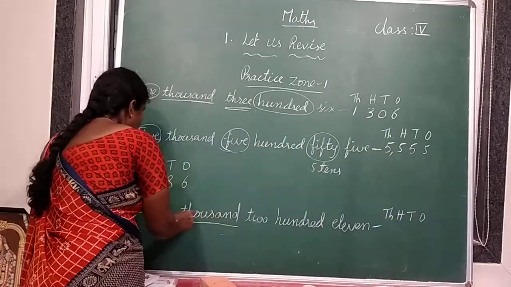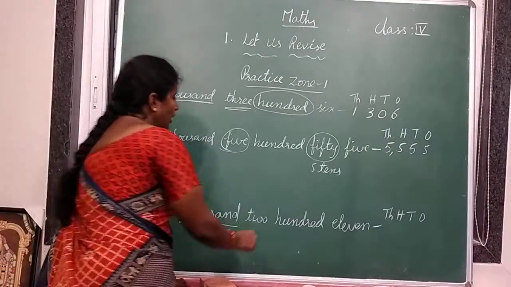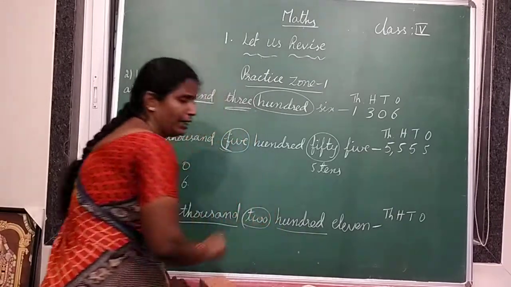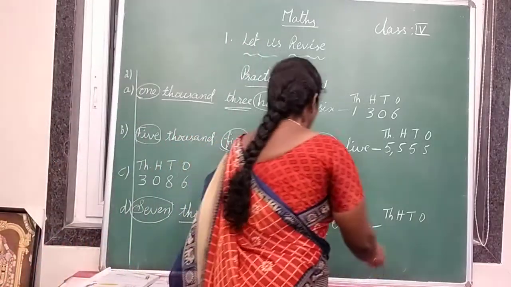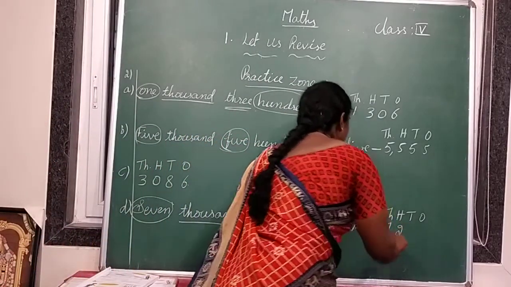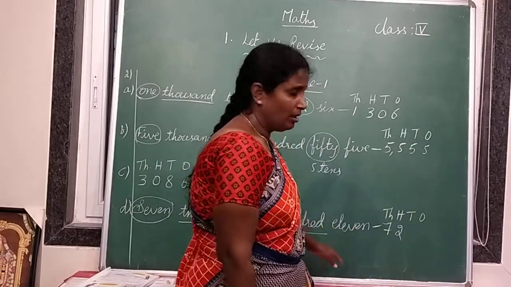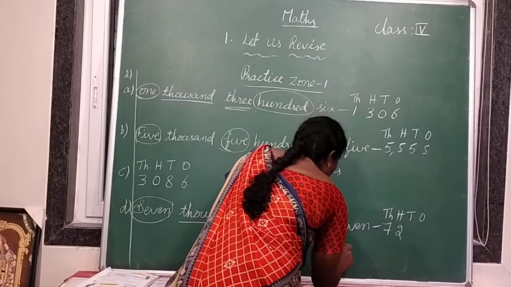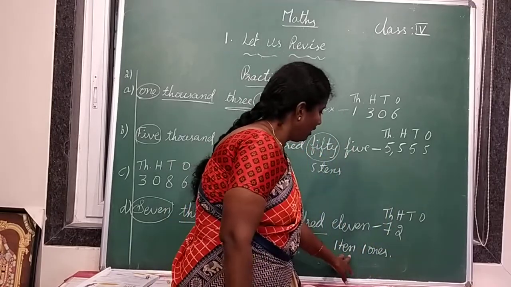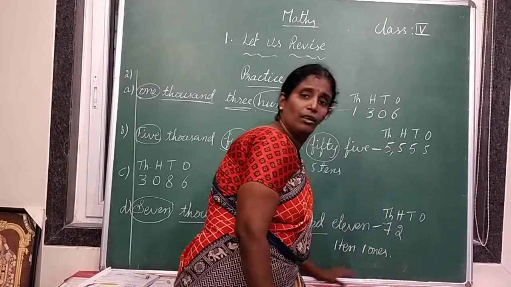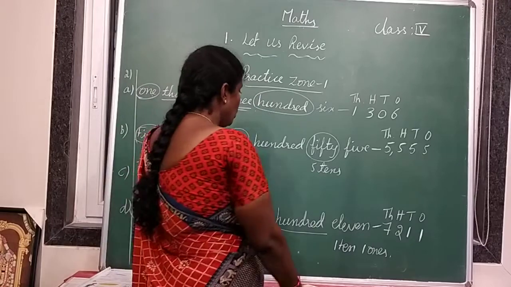How many thousands are there? 7,000. How many hundreds are there? 2 hundreds. So 7 we should write under thousands, and 2 we should write under hundreds. 11 is nothing but 1 ten and 1 one. So we should write 1 under tens place and 1 under ones place. This is nothing but 11. Understood? So 2 more questions are there.